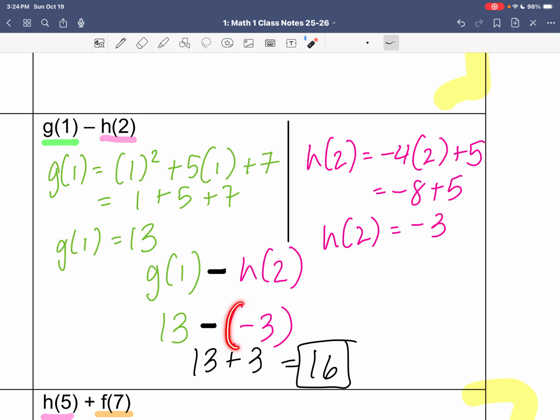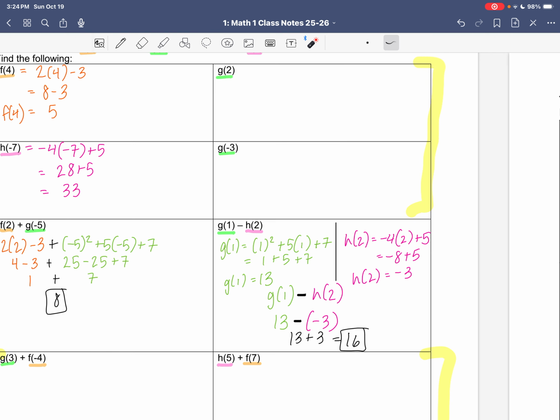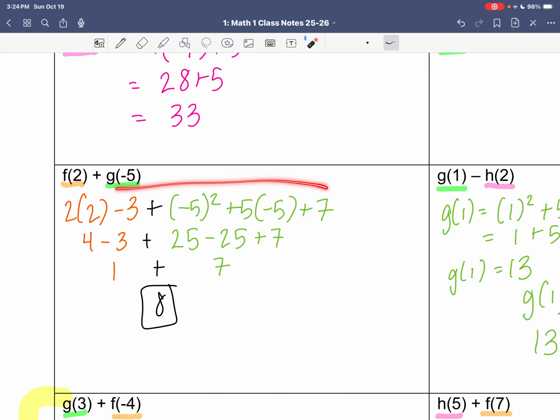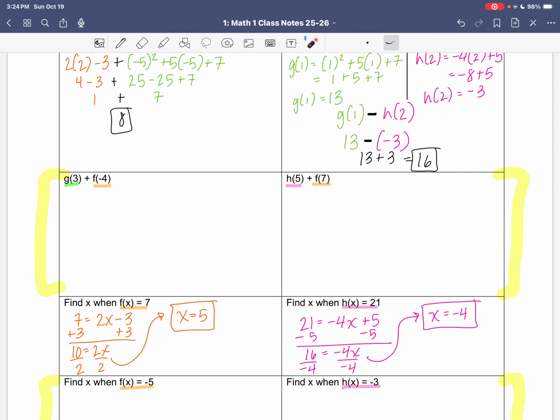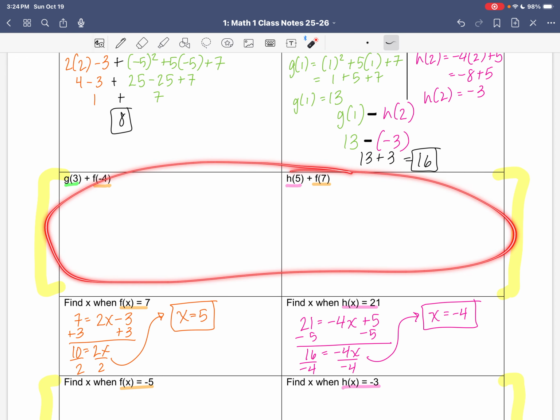But be very careful because you're still subtracting whatever this is. So watch your signs. Those 2 negatives are going to become a plus, and you'll get 13 plus 3 equals 16, and that's your final answer. So you can do them separately and then combine at the end, or you could just make one long one and then make sure you get the right answer at the end. All right, so I want you to try these 2.